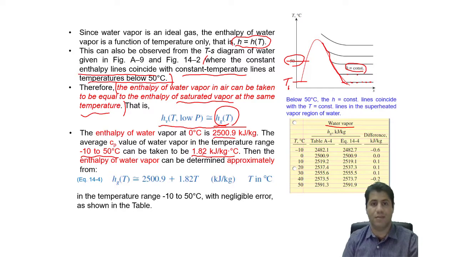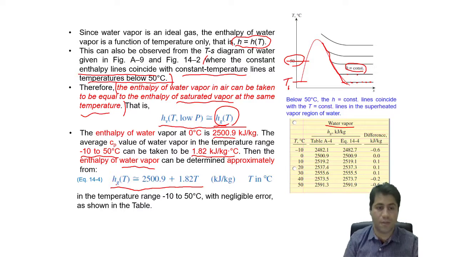So similarly to what we had for dry air, for the vapor in this temperature range we can assume an ideal gas, and then we can also assume that the specific heat capacity is constant, equal to 1.82 kilojoule per kilogram degree Celsius. Then the enthalpy of water vapor can be determined approximately by this equation.